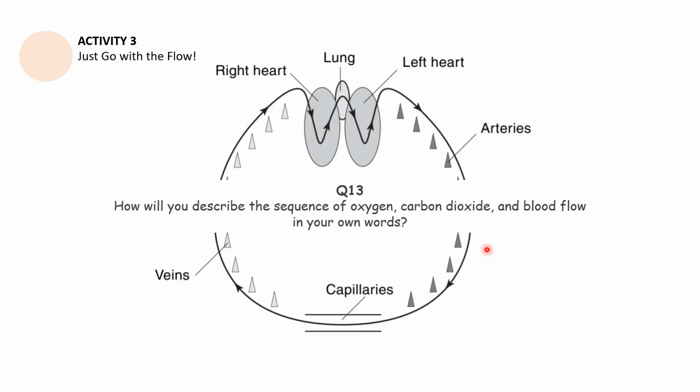So how will you describe the connection of carbon dioxide, oxygen, and blood flow according to this system? Looking at this system, ano yung isang banda makikita yung oxygen, isang banda makikita yung blood flow, at isang banda naman makikita yung carbon dioxide. So basically, using this illustration, how will you describe the presence and the roles of these three?